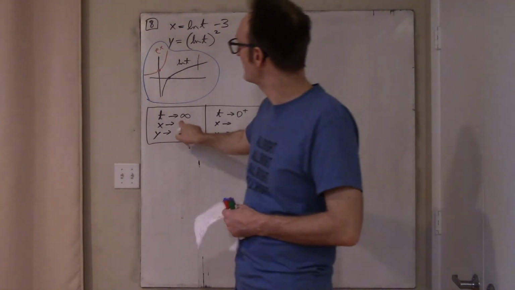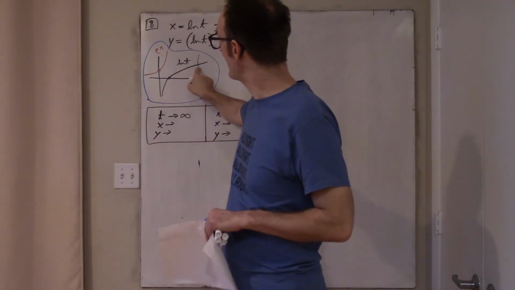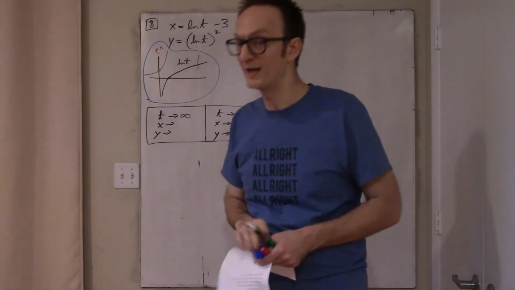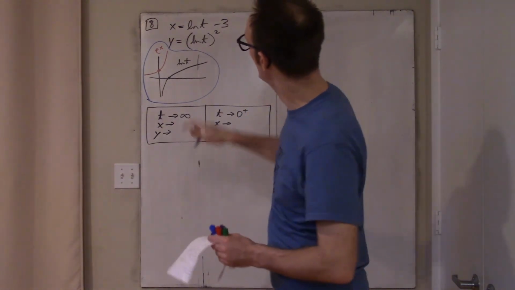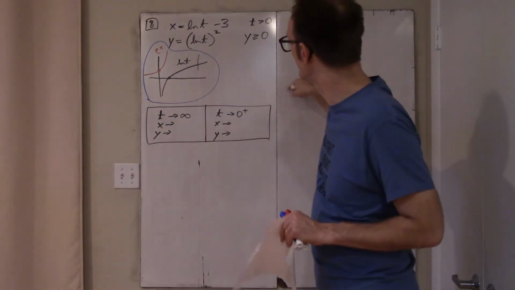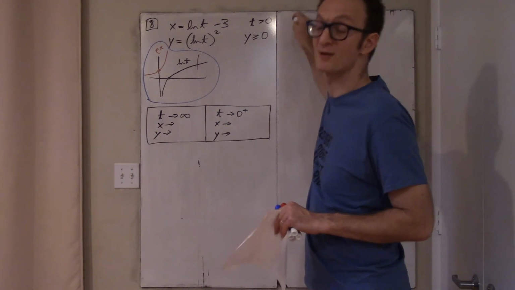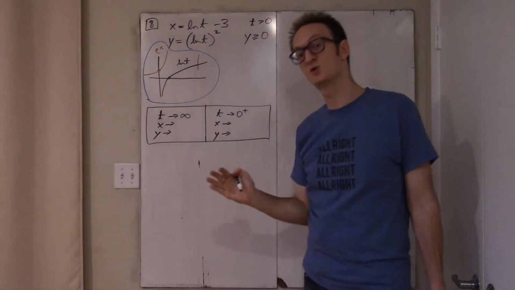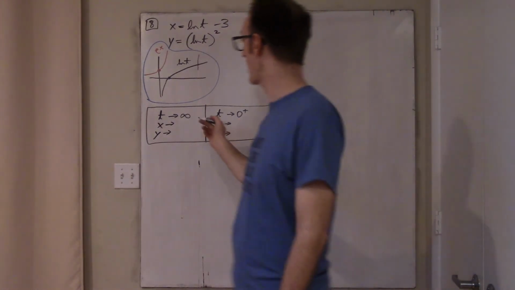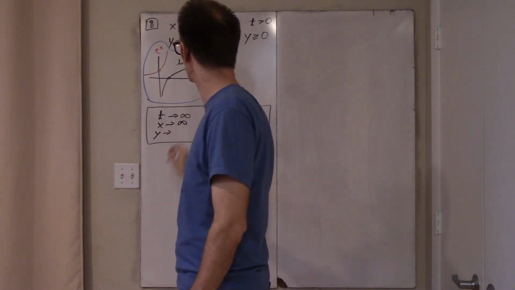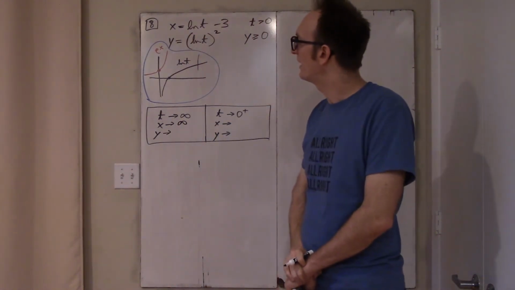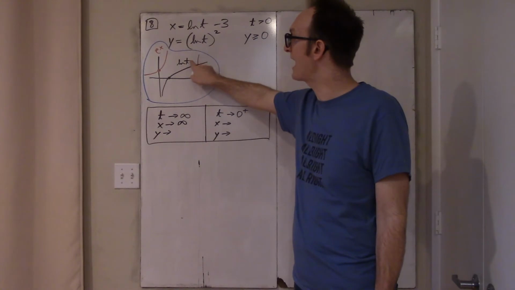Okay, well, what happens as t approaches infinity? Well, the natural log function grows very, very slowly. I need to go out to billions just to get to 20 or something like that. But it does continue growing and growing and growing. And so x will go off to infinity. If I plug in e to the 10th, it's only 10.